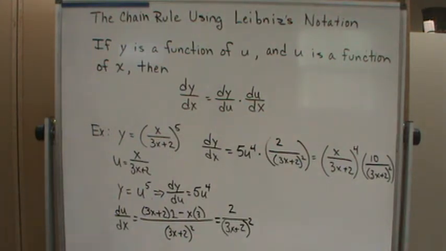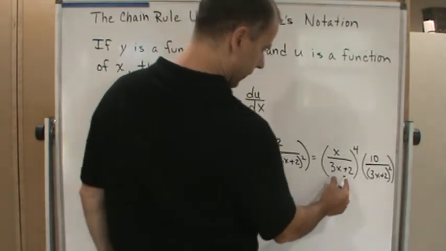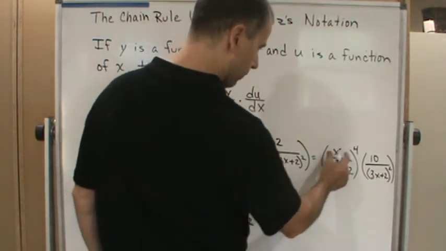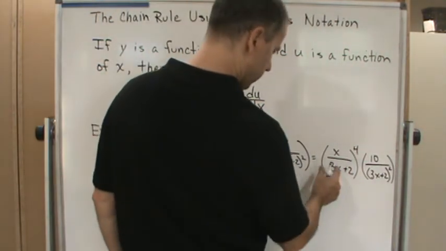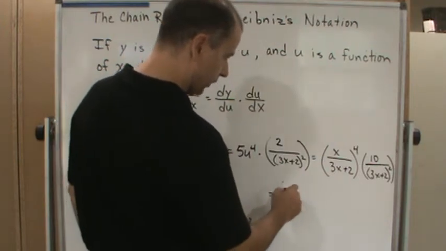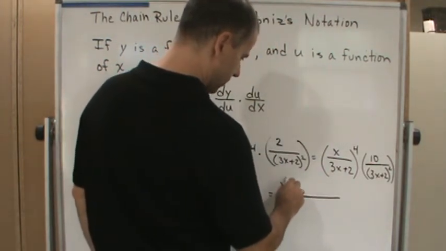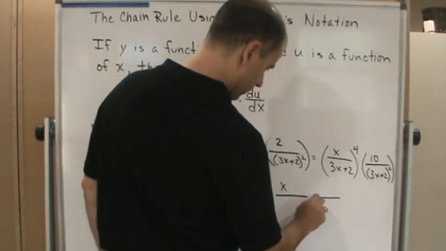Now, we're not done because we can combine this. We've got a common factor here, so we can multiply these two together, and then multiply these together. Because this is to the fourth, we can use the distributive property here. So let's see how this works. I'm going to do it in a couple of steps.